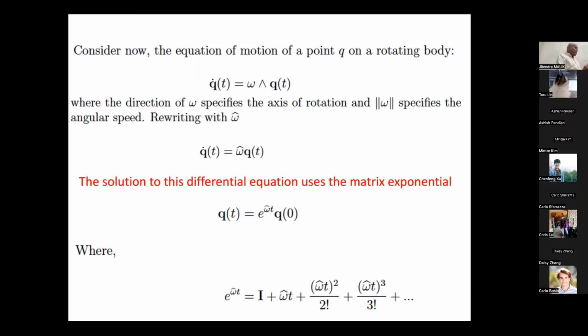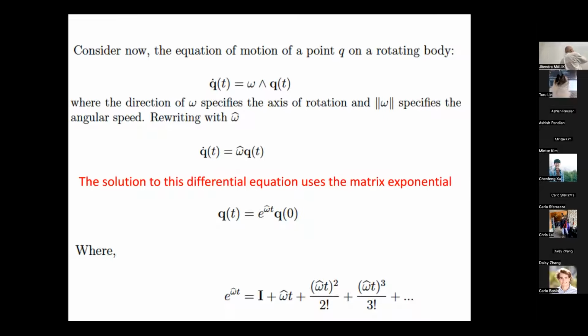But this is actually a differential equation, because this Q dot is a function of time and this Q is a function of time. And now we want to solve this differential equation. Okay? Right? Okay. Now, how do I solve this equation? It turns out that let's think of something we know how to solve.